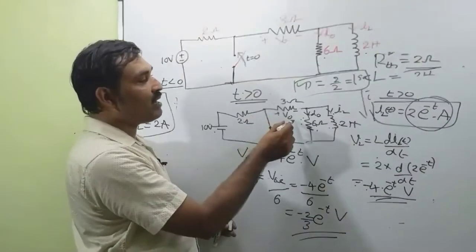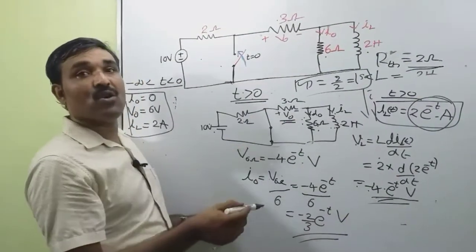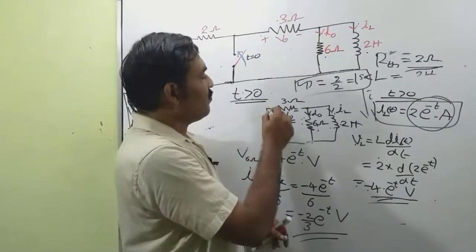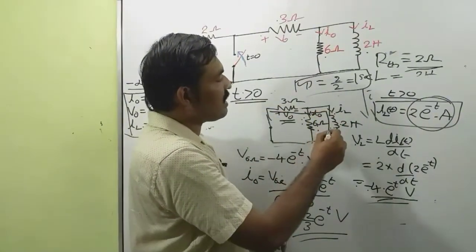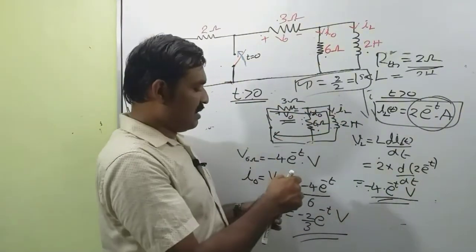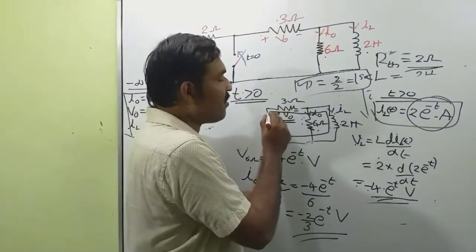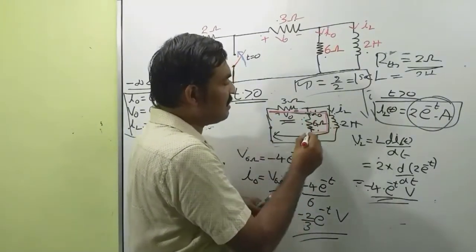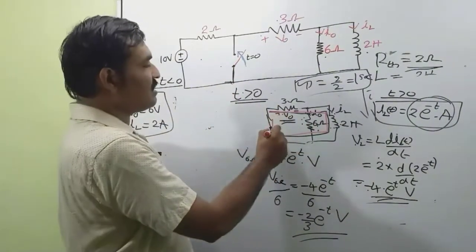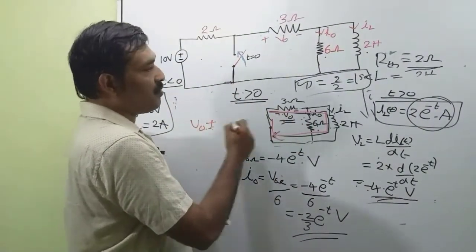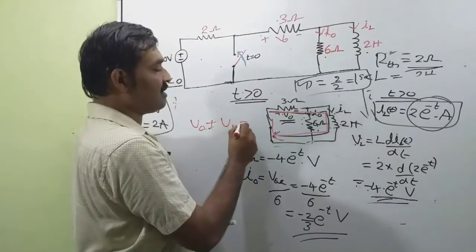Now we want to find the value of V naught. For this circuit, we can apply Kirchhoff's voltage law for this loop. That is, apply KVL for this loop. That is, V0 plus VL is equal to 0.